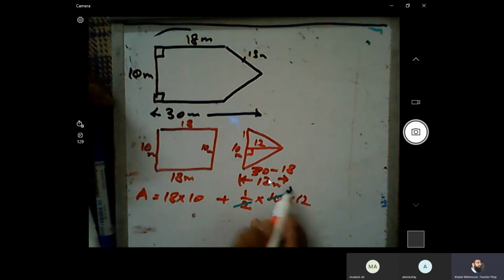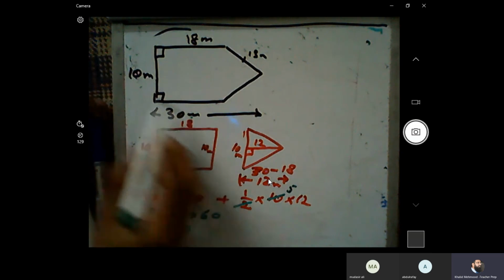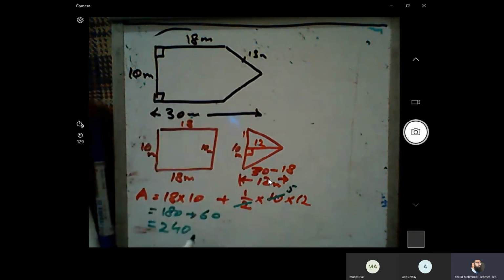So this is 5. Now 18 tens are 180 plus 12 fives are 60. So what will be the answer? The answer will be 240. But if this length was in meter, the answer will be in meter square.